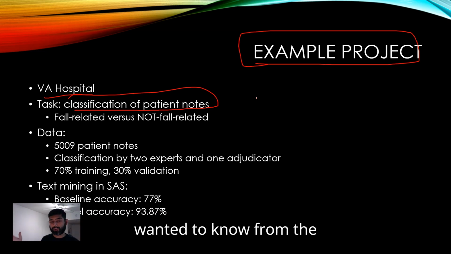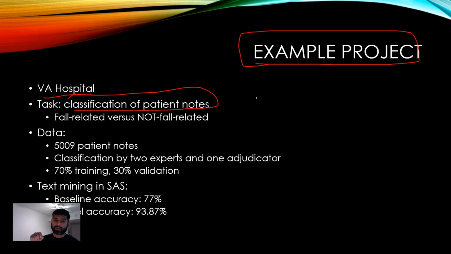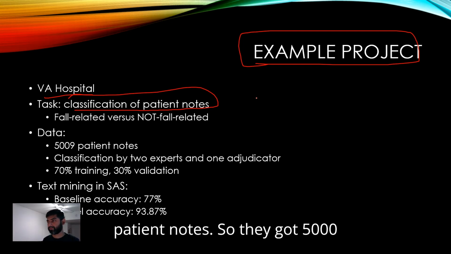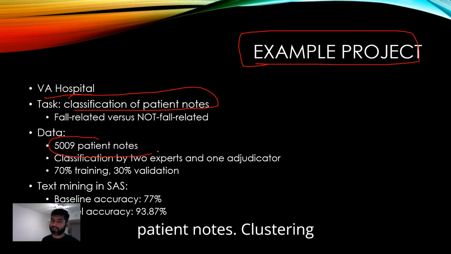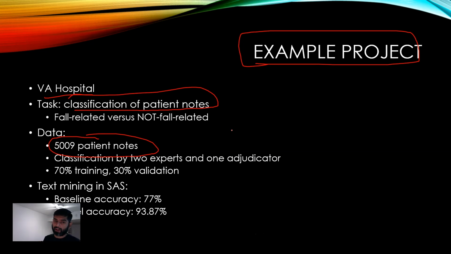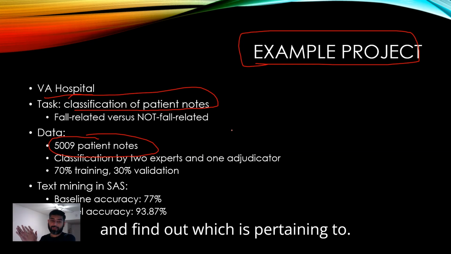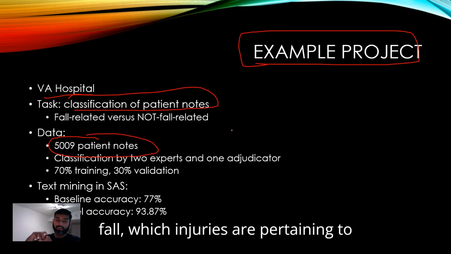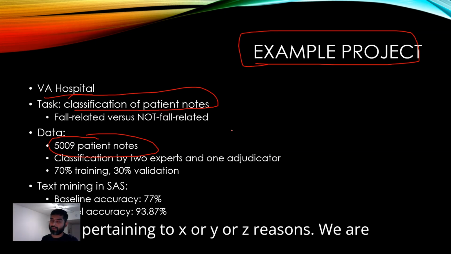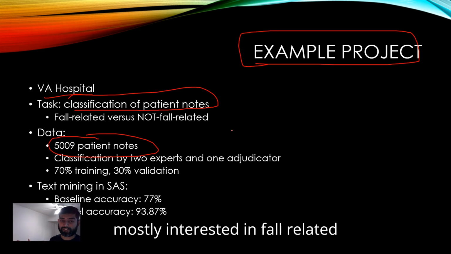The hospital wanted to know this from the notes that doctors would write, called patient notes. So they got 5,000 patient notes. A clustering algorithm won't cluster and find out which injuries pertain to a fall, which pertain to an accident, and which could pertain to X or Y or Z reasons. We are mostly interested in fall related reasons.